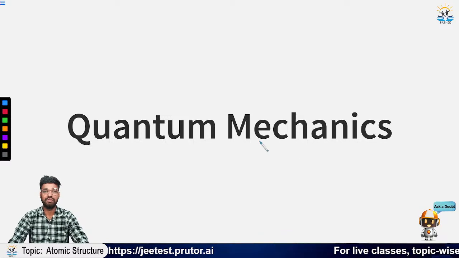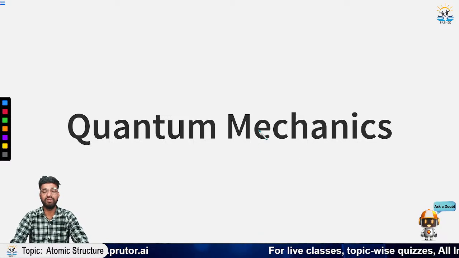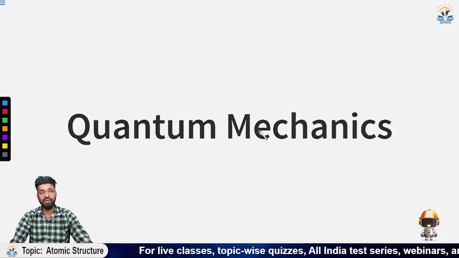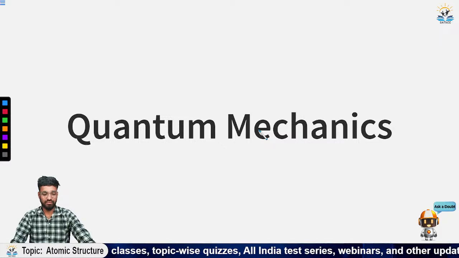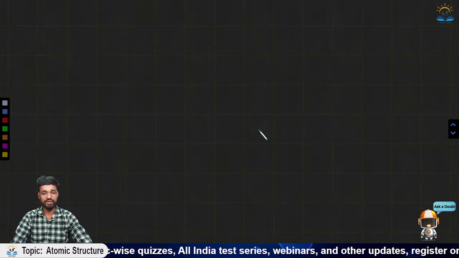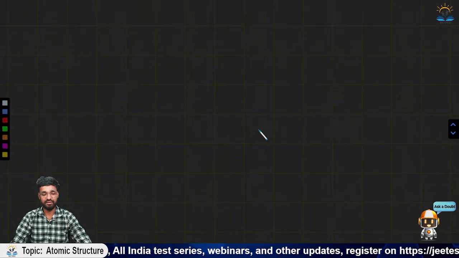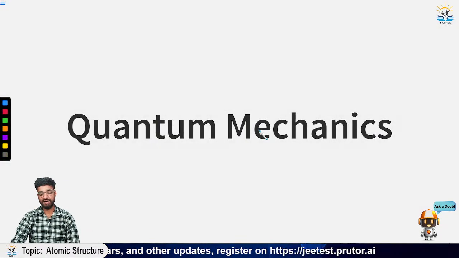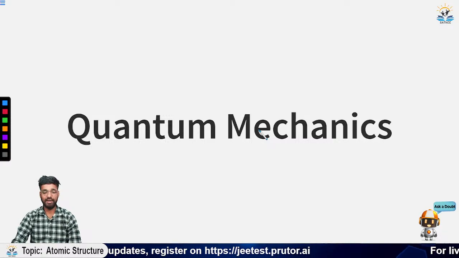Microscopic means the electron and proton, both as wave and particle. So these two things were the major drawback to the classical mechanics, which was used at that time for explaining most of these things. With this, quantum mechanics became popular at that time due to the emergence of this dual nature of the particle.